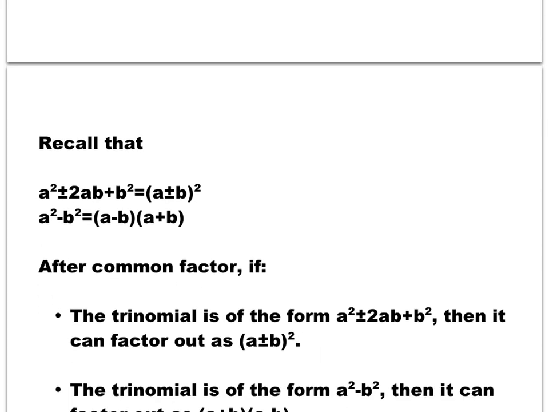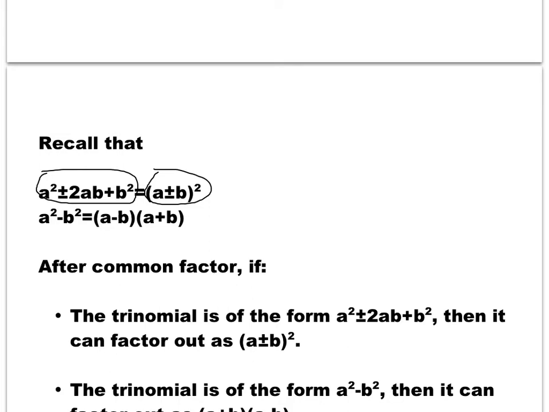If you recall from previous lessons, we said that if we expand the binomial a plus b or a minus b squared, we are going to get a squared plus or minus 2ab plus b squared. Depending on the sign between a and b, we get either plus 2ab or negative 2ab.